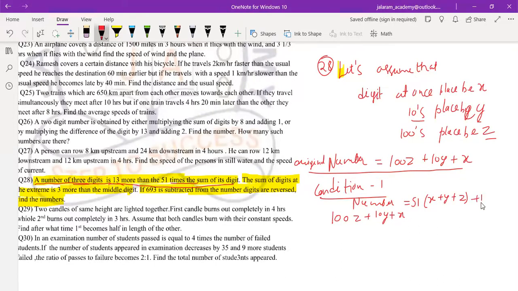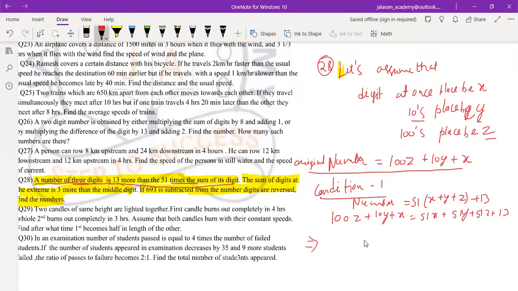And 13 more than that means plus 13. So it is 51x plus 51y plus 51z plus 13.